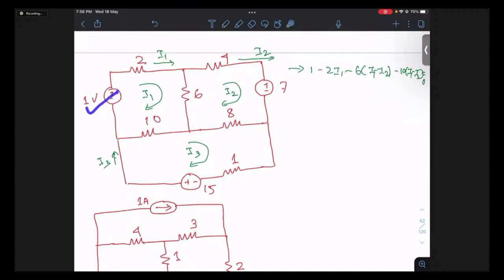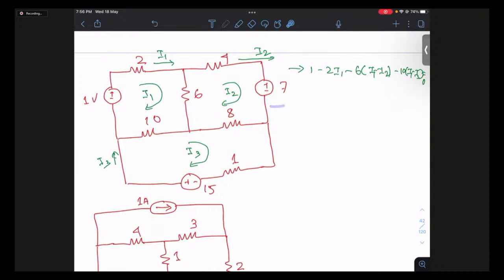Okay. 1 minus 2I1 minus 6 into (I1 minus I2) minus 10 into (I1 minus I3) equals 0. This is the equation of the first mesh.